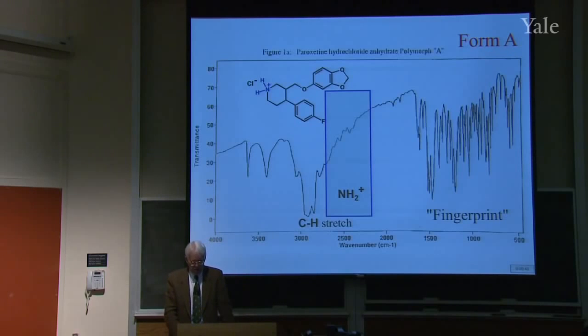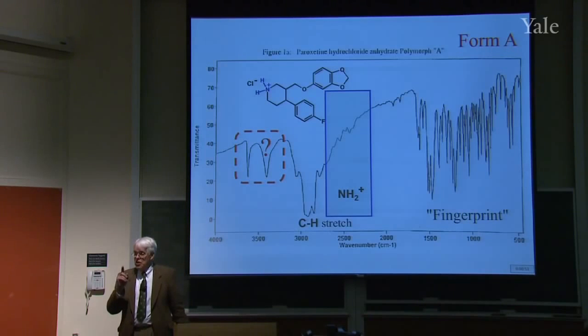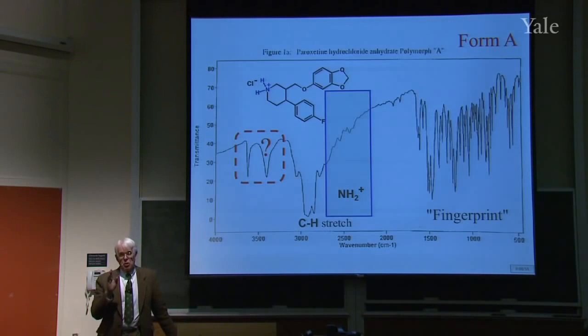So we know it's an ammonium salt from that. Now, what are these peaks at really high frequency? Hydrogens on a double bond, sp2, are indeed higher frequency than hydrogens on a single bond, sp3, but they're not as high as this.